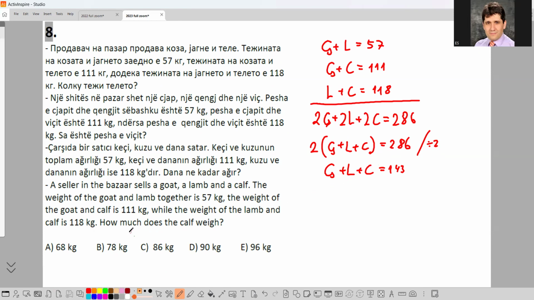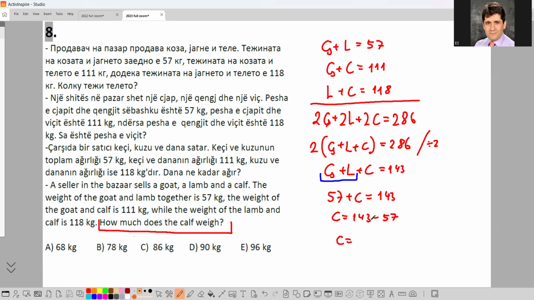Now, let's read the question once more. How much does the calf weigh? So if I want to find out how much does the calf weigh, I can just subtract this part. Now the goat plus the lamb together is how much? It's 57, is it? 57 plus the calf should be 143. So the calf is 143 minus 57.